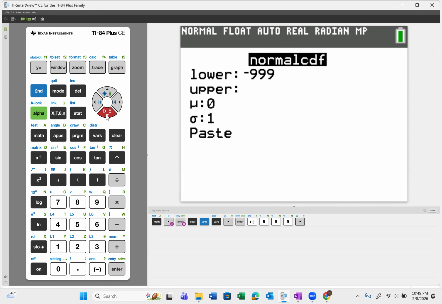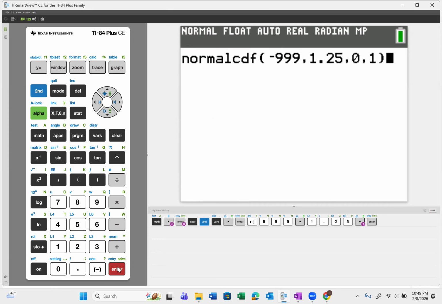So I want to go from negative 999 to 1.25 as my z-score. And I'm going to leave mean as 0 and the standard deviation as 1. What this tells me is that about 89% of the kernels will pop from that first microwave. So it tells us the percentage of your population based on those values.